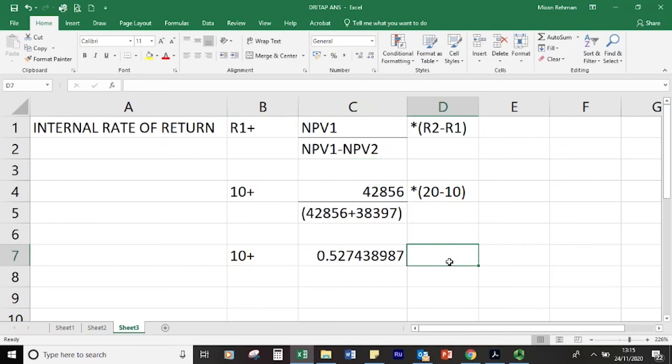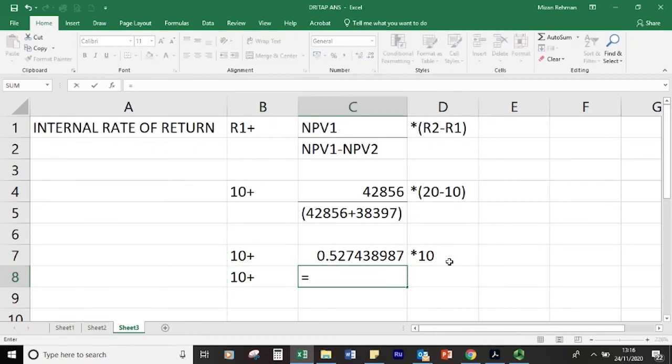Now we can solve this bit. This is 20 minus 10, which is 10. Just remember that this is being multiplied with the figure before. Let's copy this. I'll touch only this part.